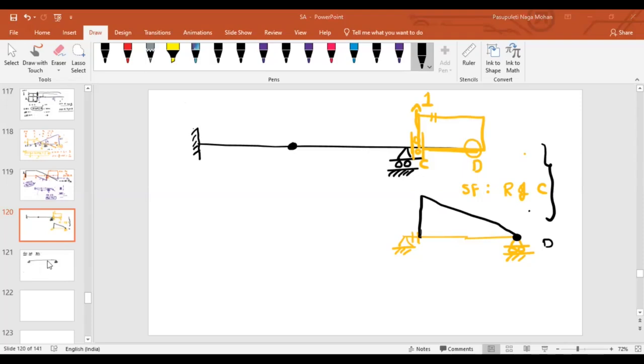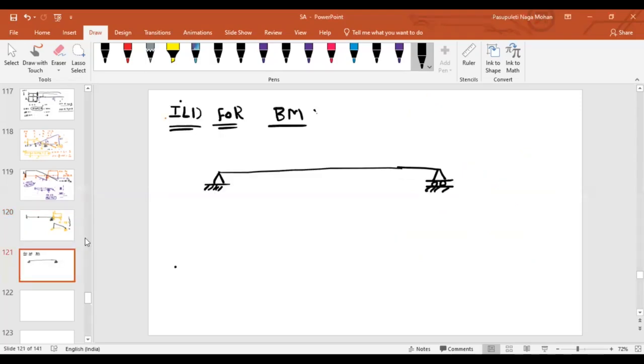Okay, then let's talk about ILD for bending moment. Let's consider a simply supported beam of length L, and we want to draw ILD for bending moment at any point C. Let us say the lengths are A and B. If I want to draw ILD for bending moment, what should I do?